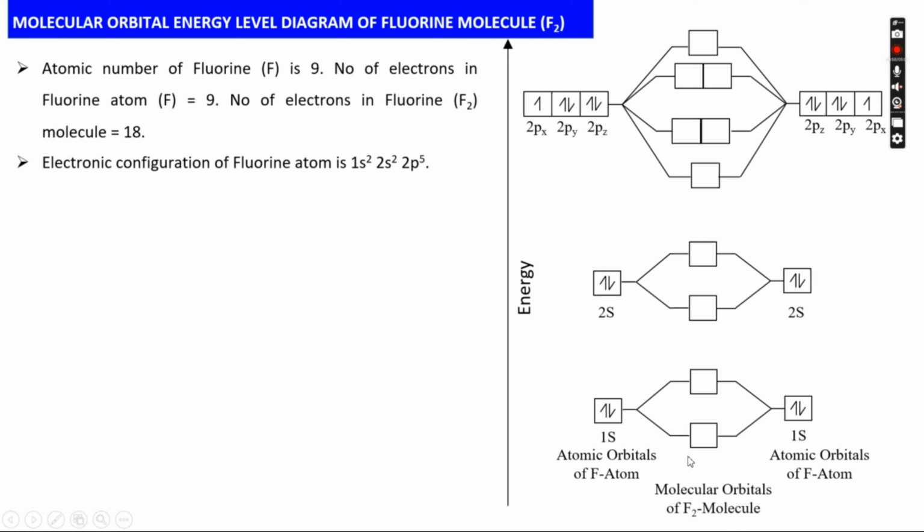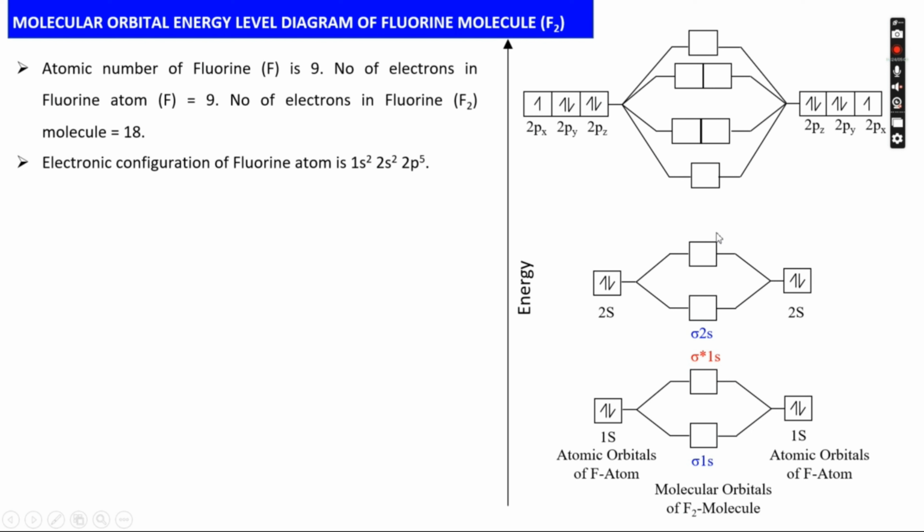Out of two, one is a bonding molecular orbital, another is an anti-bonding molecular orbital. The names should be given following rules: this molecular orbital is sigma 1s because 1s overlap can lead to sigma bonding. Therefore, this molecular orbital name is sigma 1s. Automatically, this molecular orbital name will be sigma star 1s. This is the anti-bonding molecular orbital.